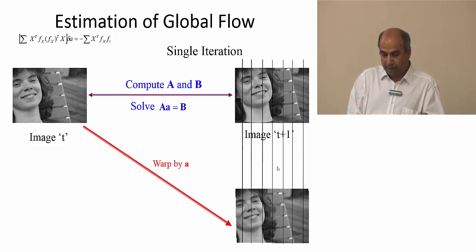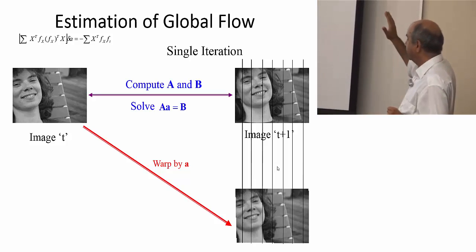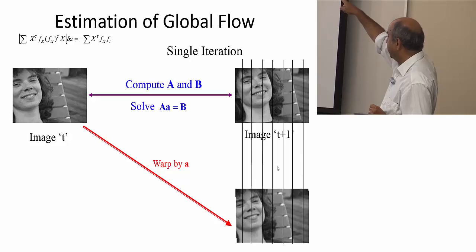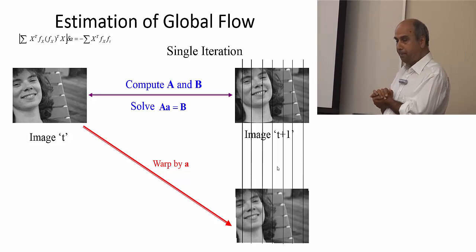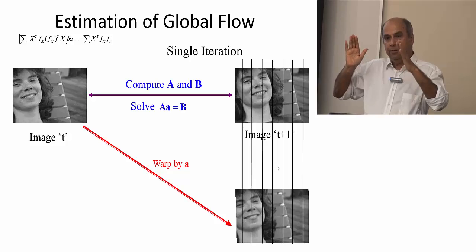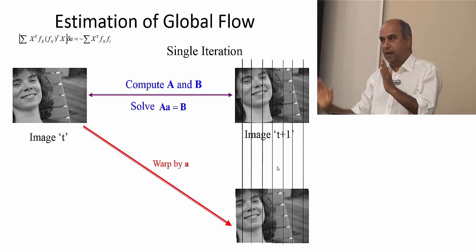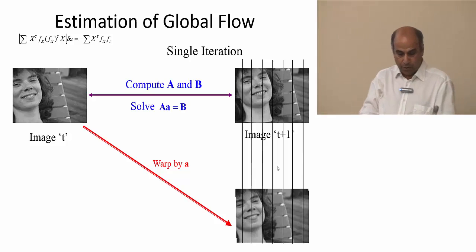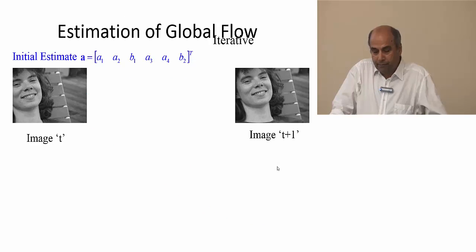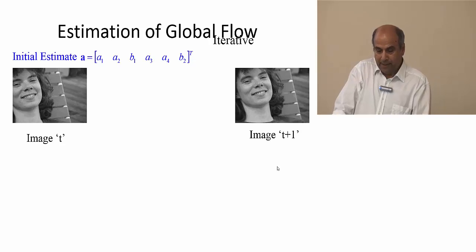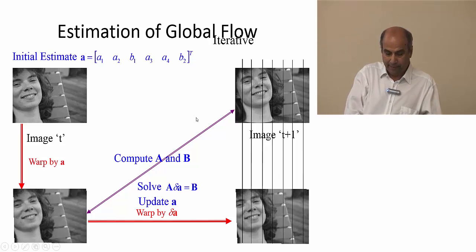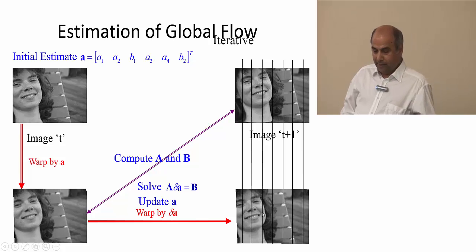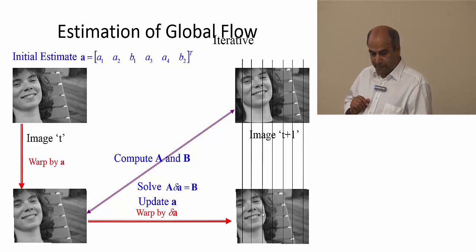So now if you look at this one, they are not the same because there's a shift. See the chair there, the last line is kind of close to the chair, but it's here, so it's not exactly the same. Which means we need to keep refining the motion so that they align. That's the idea. So the way we are going to start will be an initial estimate, which is A. These are 6 parameters, and then we will warp this image by A, and it will look like that, and still it's not aligned.